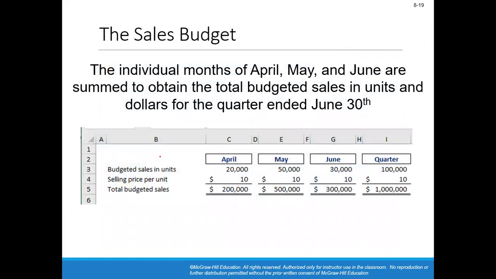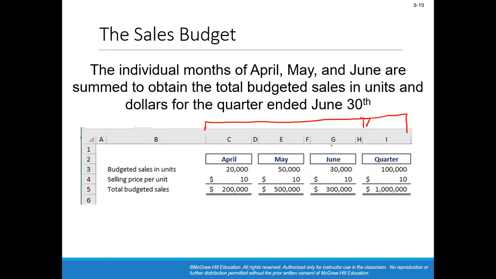This is a screenshot of a spreadsheet, and these will be real workings in the spreadsheet. In our first row, we have to identify the period. So our period is April to June, this quarter, and this is the quarter total column.